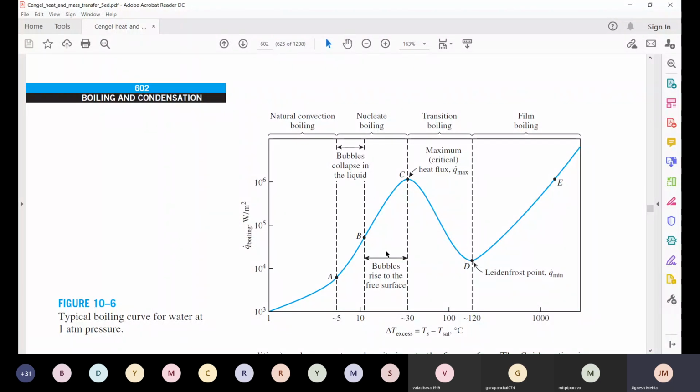Now, if you go further, something happens: when you increase the excess temperature, rather than an increase in the heat flux, there is a decrease.